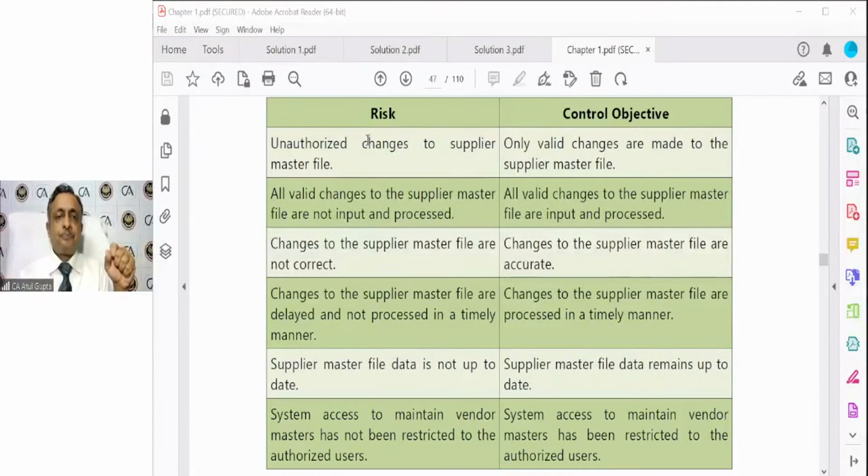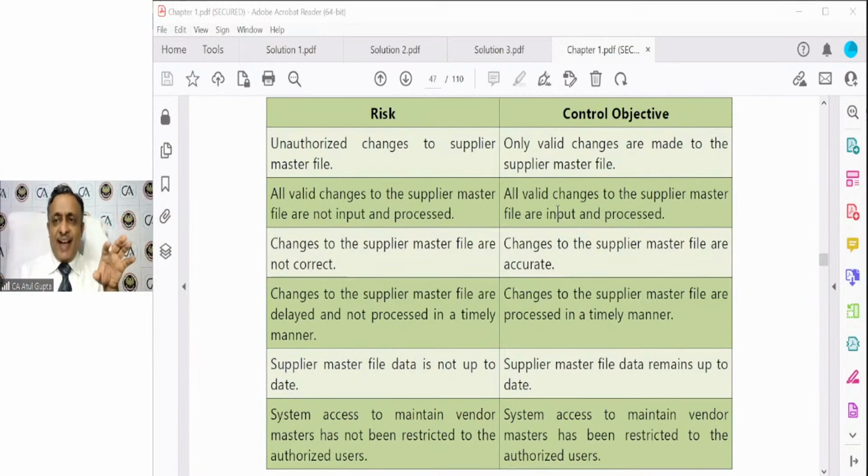So first the risk: unauthorized changes to supplier master. Now see what I want. These tables are phenomenal, very good to discuss. I want you to imagine the supplier master we have talked about, what fields you can define in supplier master. I want you to say what category of changes could be done.